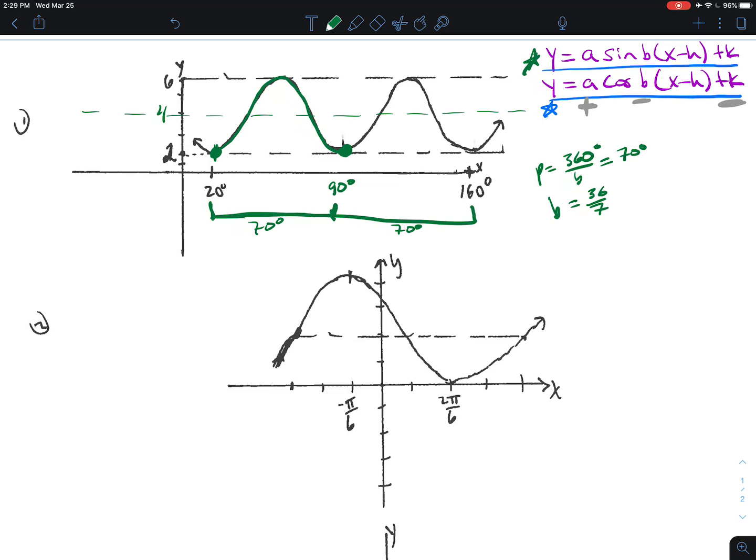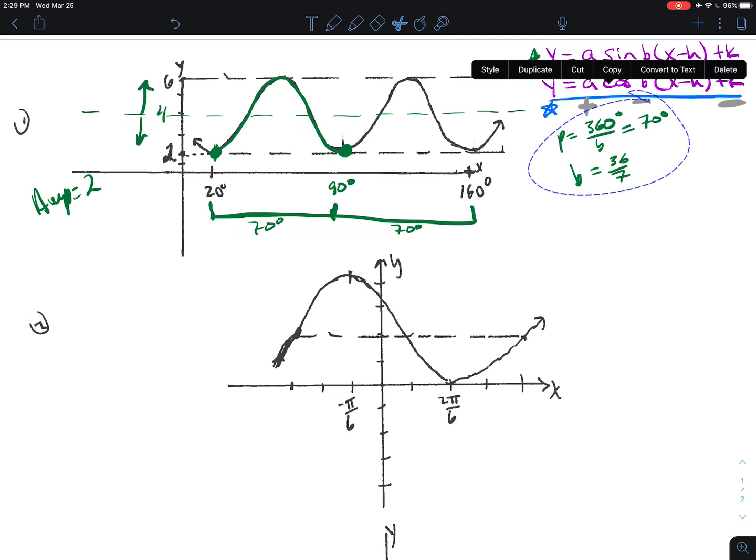And the a term is the amplitude, which is the distance from the horizontal axis to the max or to the min, which in this case is 2. So the amplitude is 2. But because I'm doing the inverted cosine graph, that means it's going to be a negative a term.